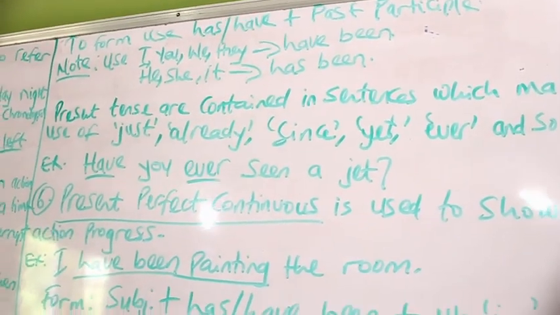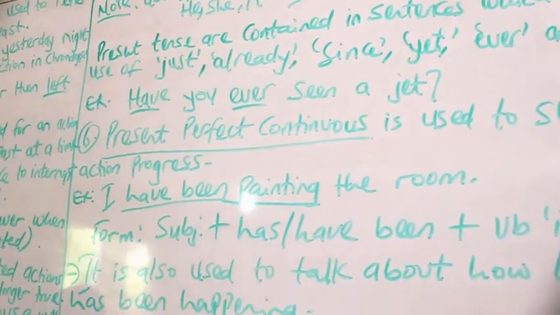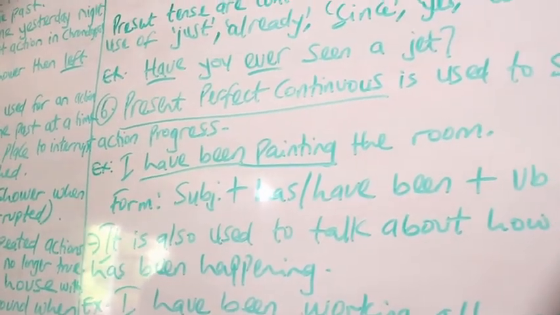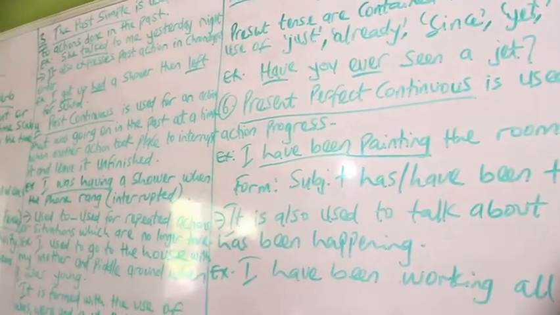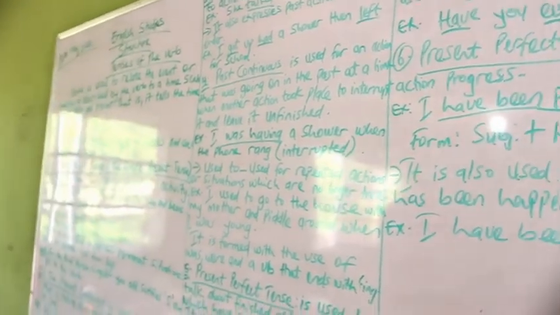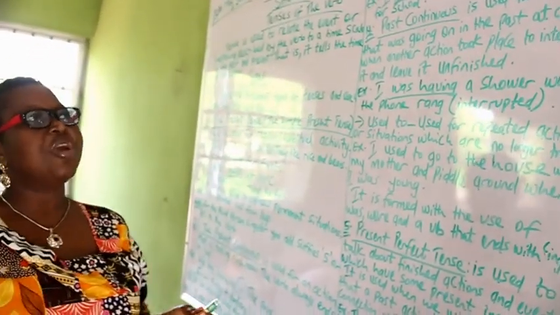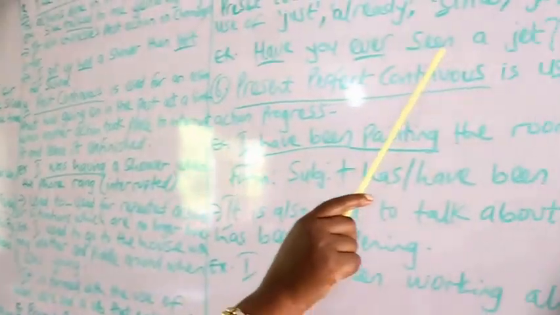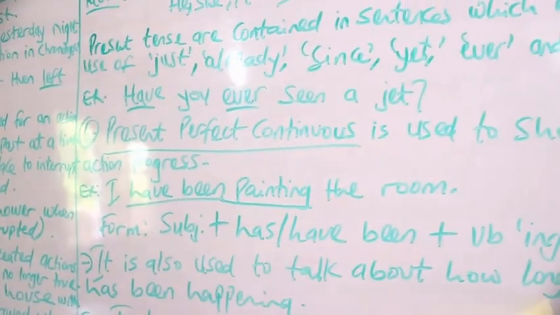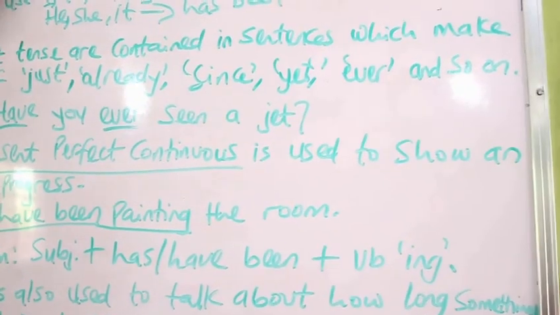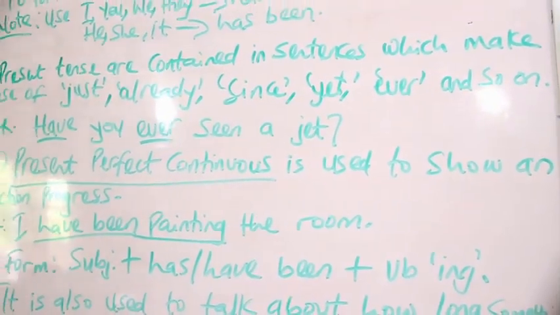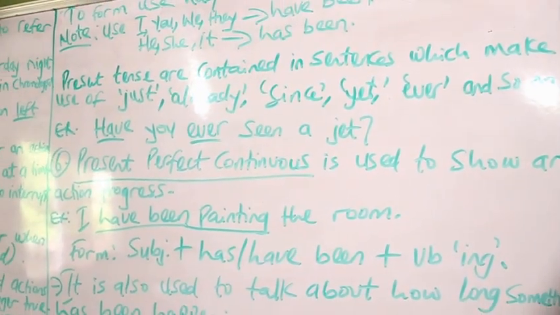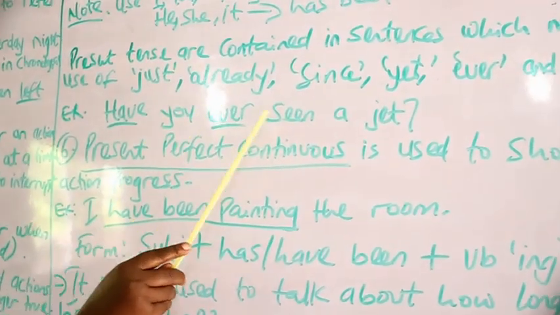So let's take note of that. And we also use present perfect in sentences which make use of just, already, since, yet, ever, and so on. We have the example: Have you ever seen a jet?